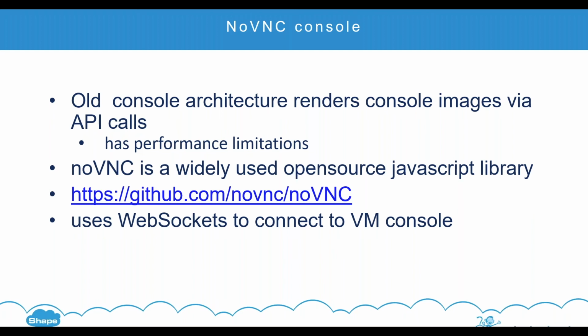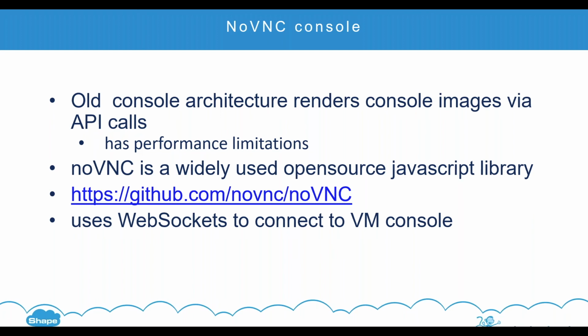So we've thrown that away and dropped in noVNC, which is an open source JavaScript console library which uses WebSockets to connect. It still connects to the console VM behind the scenes.